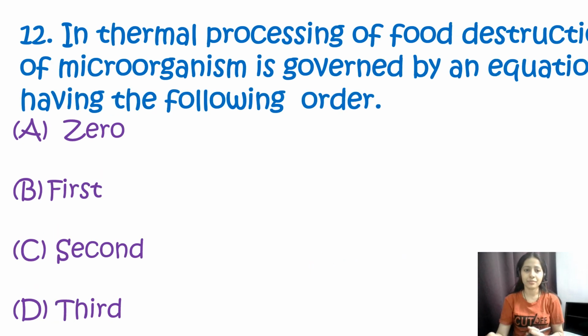Question number 12. In thermal processing of food, the destruction of microorganisms is governed by an equation having the following order. So the options are 0, first, second or third. In thermal processing of food, the destruction of microorganisms is governed by first order reaction kinetics. That is option number B, my correct option.